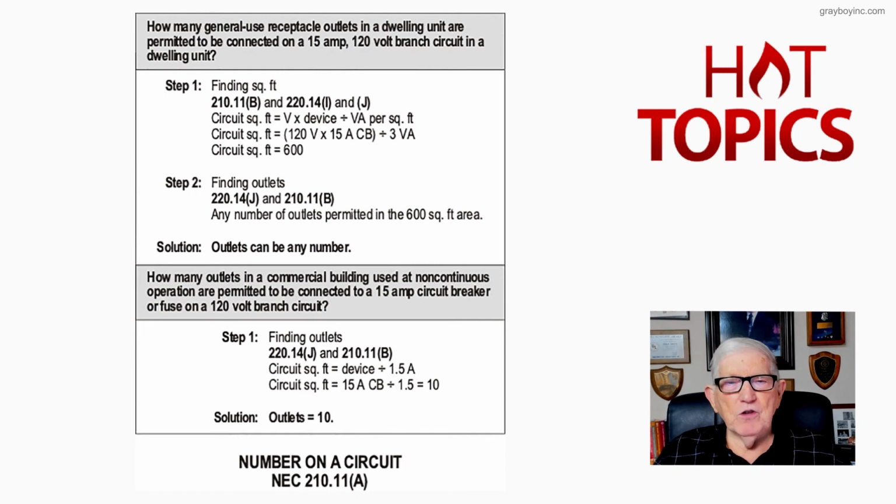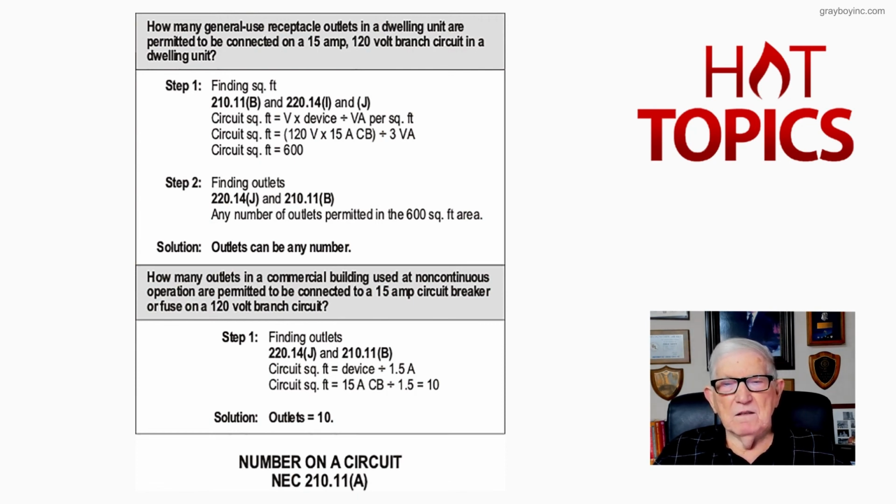Now for commercial and industrial, below how many outlets could you put on a 15 amp circuit, 120 volt type circuit, and on a 15 amp circuit breaker? Then again, we'd look at 220.14, but don't look at J. It'd be 220.14I. Well, that's kind of a typo there. And 210.11B.